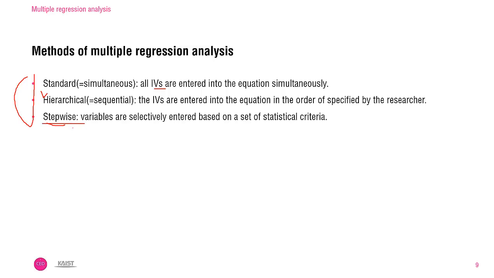In stepwise regression, the researcher provides SPSS with a list of independent variables and then allows the program to select which variables it will enter and in which order they go into the equation based on a set of statistical criteria.